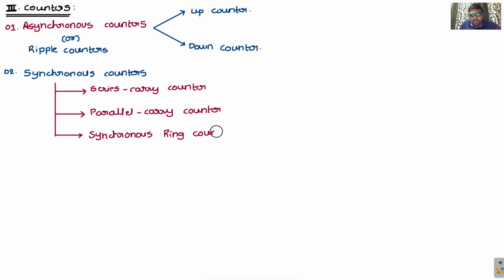Synchronous ring counter, right? Again, this synchronous ring counter is classified into two types.